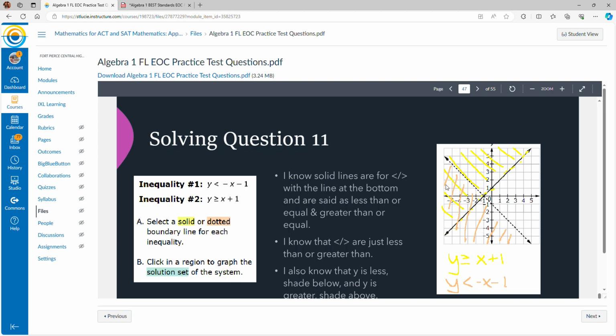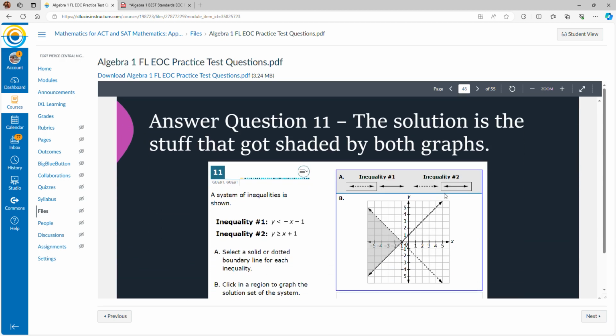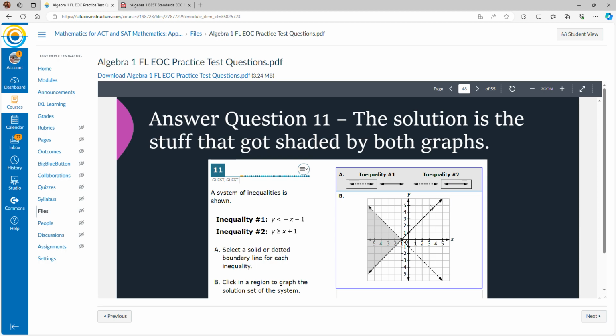And the solution set is the stuff over here that got shaded twice by both inequalities. Since we have a system of inequalities, the answer is the stuff that gets shaded twice. And so that's what I entered for my answer.